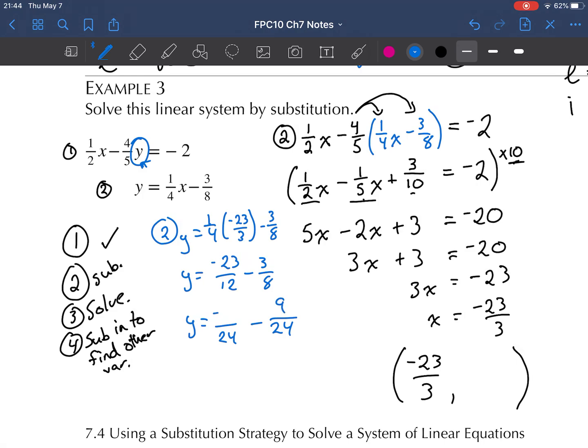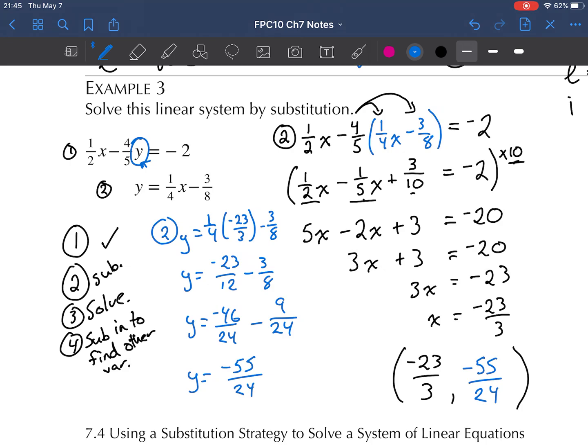And this will be negative 46/24. So y is equal to, well, I subtract those and I get negative 55 over 24. And that's my y.